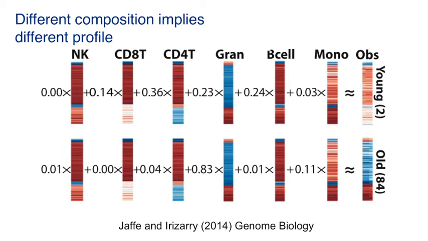Now, you can say methylation changed, or you can say methylation stayed exactly the same. So notice that this and this are the same. This is the profile. These are all exactly the same. No changes in methylation. But by multiplying these groups by different numbers, here the big difference comes, where granulocytes are high and low.